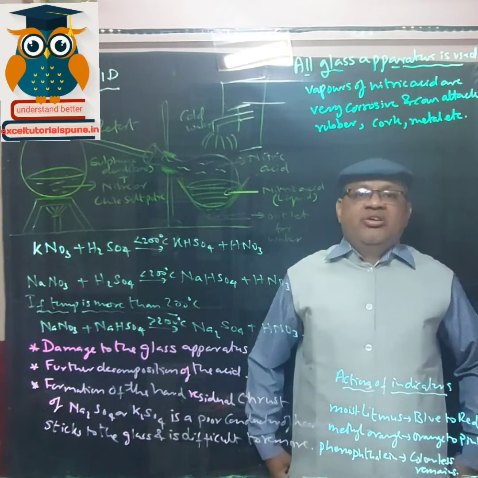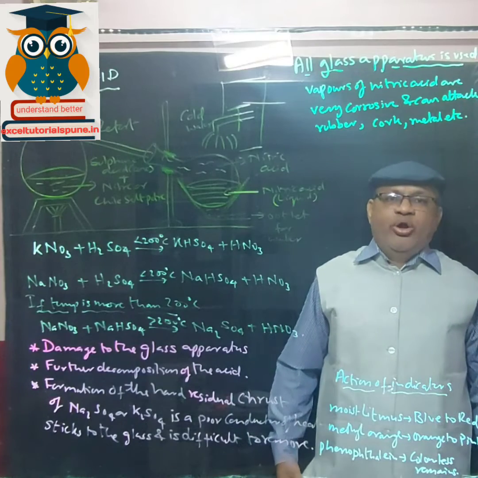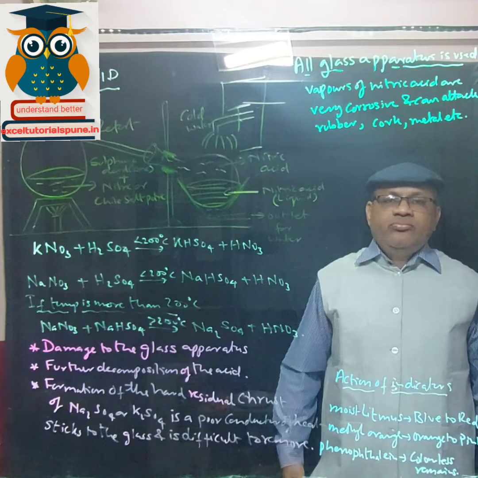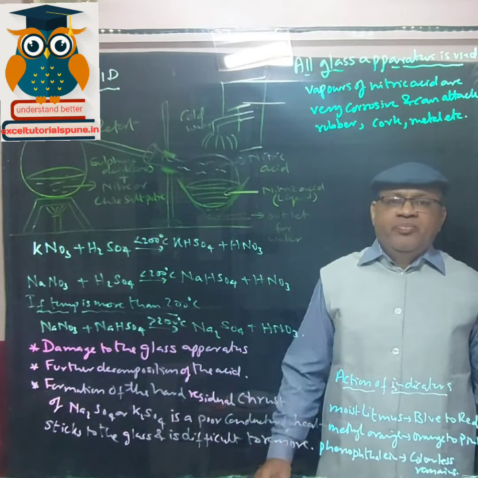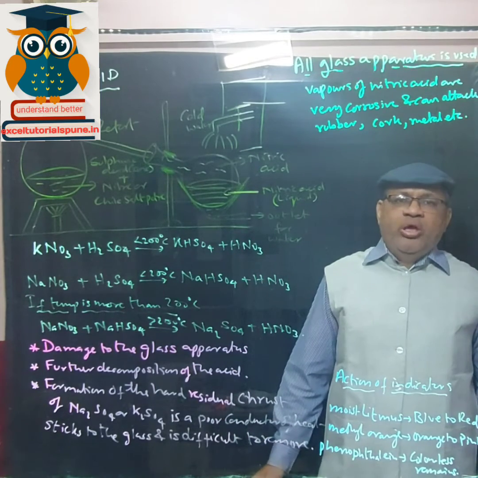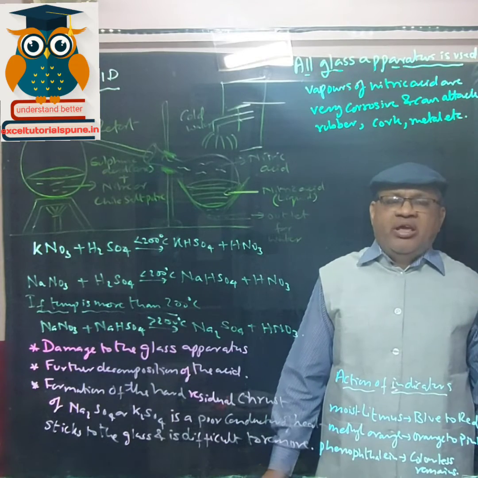Now the nitric acid which we have over here has a boiling point of about 121 degrees Celsius. So the nitric acid has some quantity of water in it. So if you want pure nitric acid, what do you expect? What will be your method of separating water from nitric acid?